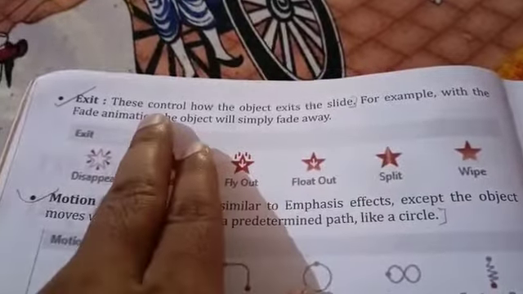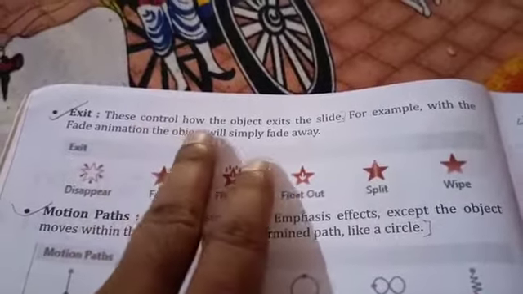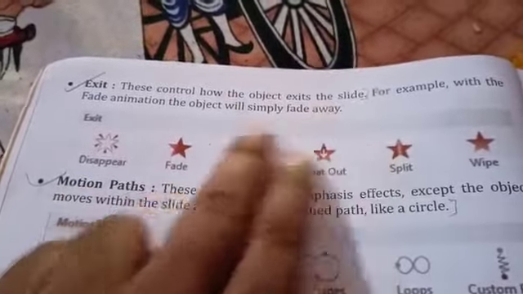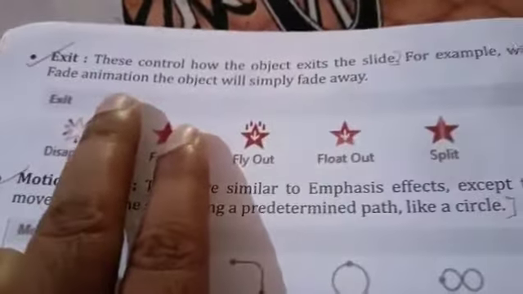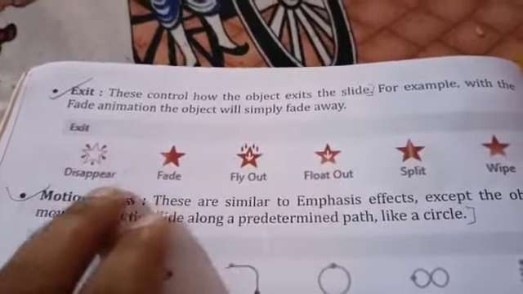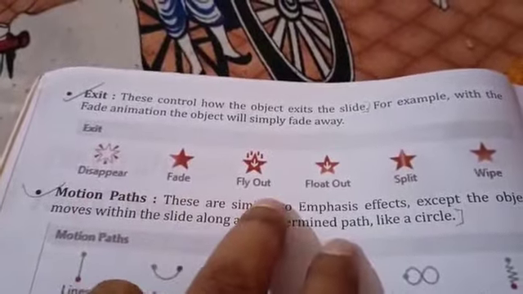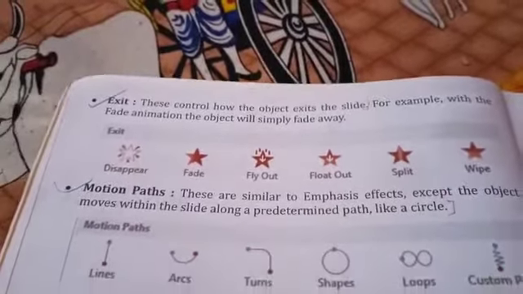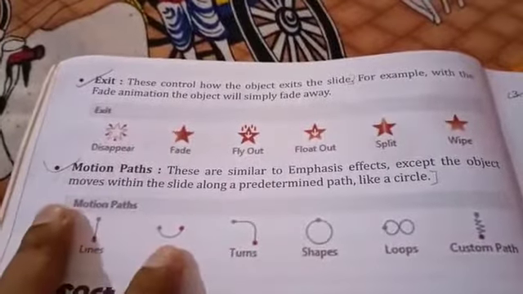exit animation. These control how the object exits the slide. For example, with the fade animation, the object will simply fade away, disappear. Fade, fly out, float out, split and wipe. Okay, next is motion path.